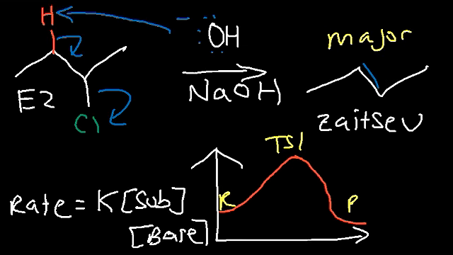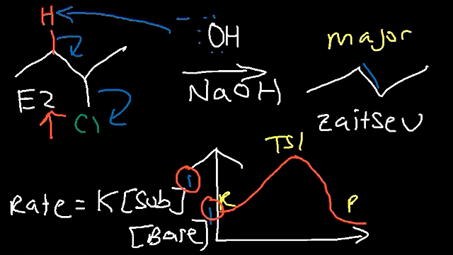So for the E2 reaction, it depends on both the substrate and the base. It's first order with respect to the substrate, first order with respect to the base, but the overall reaction is the sum of these two numbers. So it's second order overall, and thus we have a 2 here.